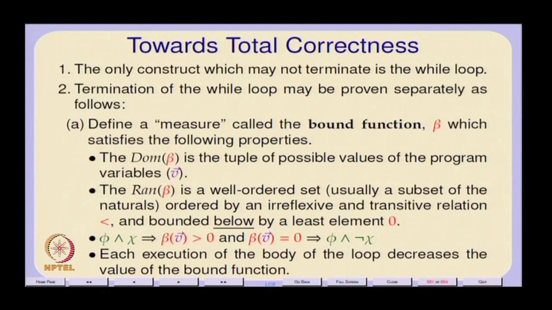So it should be somewhere higher up. That is this greater than 0 that I have written here. And whenever this bound function is 0, or whenever it reaches the bottom of the well ordered set, it should definitely mean the negation of the condition of the while loop.